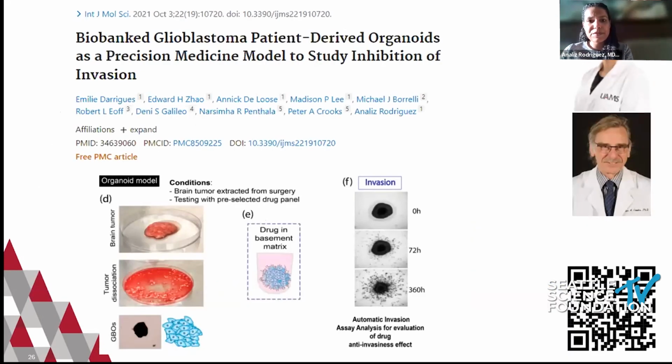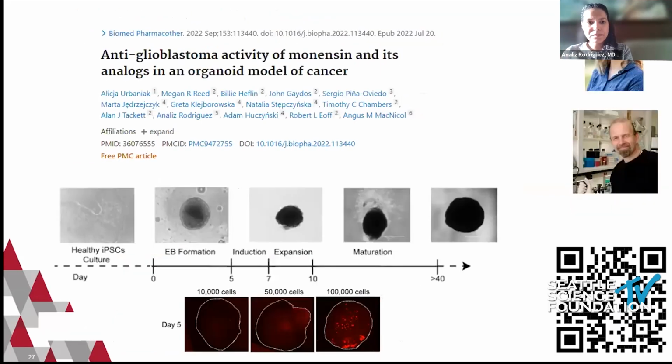The other thing that we're doing is developing better models. Invasion is the bane of my existence because we know that at that border is where you get those invasive cells that just hide out, are resistant to chemo and radiation, and invade into the surrounding normal brain. So here we're using a patient-derived organoid system where we're testing invasion into a Matrigel extracellular matrix and testing various drugs to see if we can inhibit invasion over time.